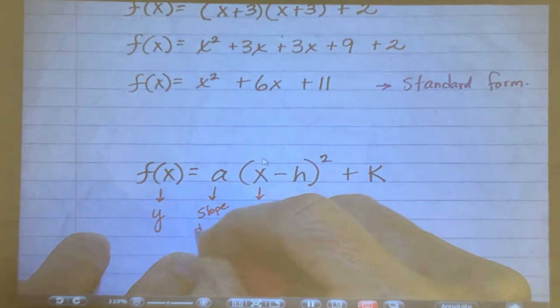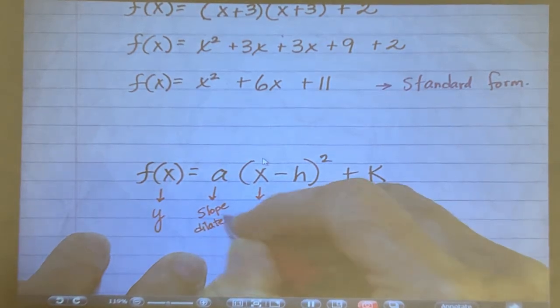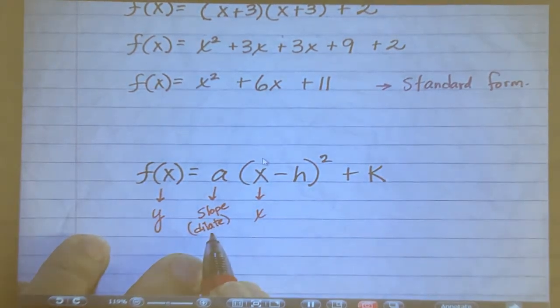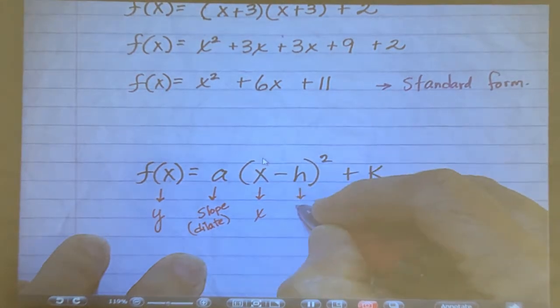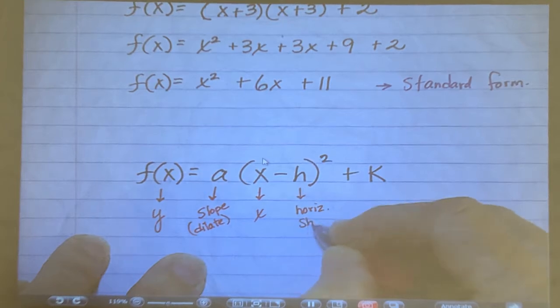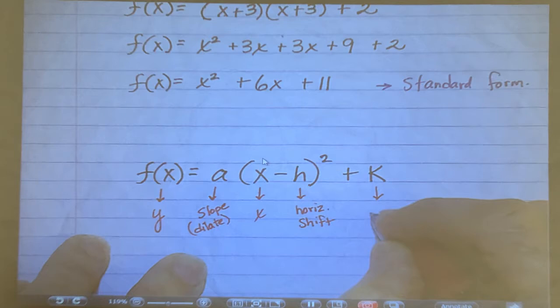The word they use here is that they dilate it. Remember that it can be a compression or a stretch. The h value controls the horizontal shift. And the k value controls the vertical shift.